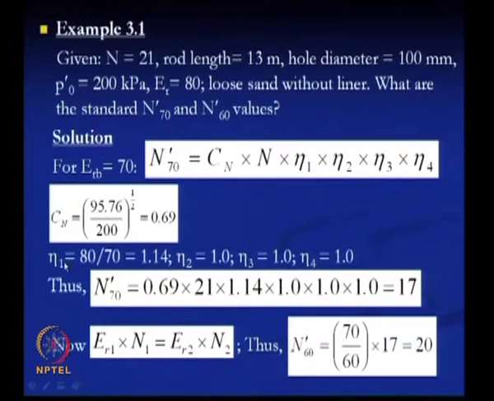Now, for the first correction, due to the hammer efficiency, the actual energy ratio in the field is 80 and the standard energy ratio is 70. So, the correction factor will be 1.14. The rod length used is 13 meter.